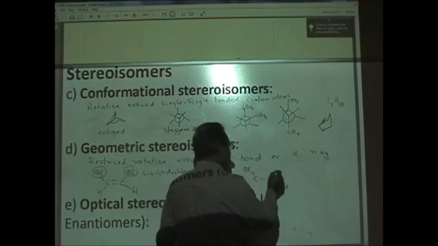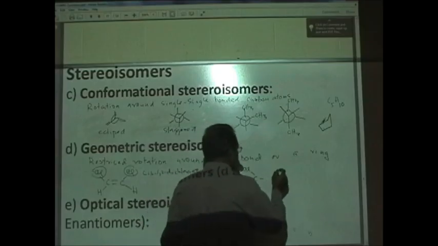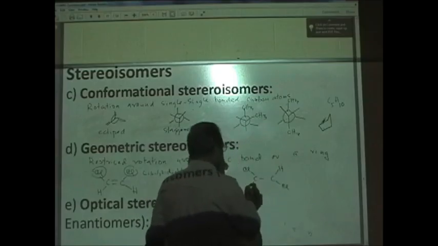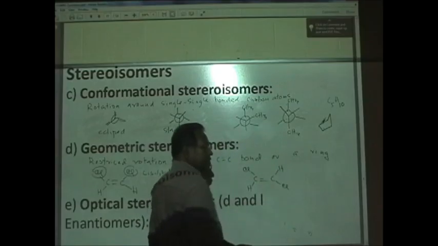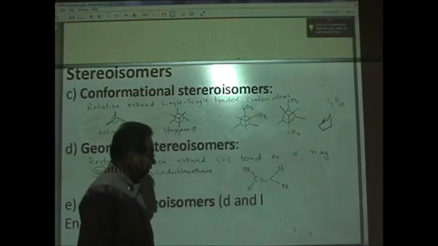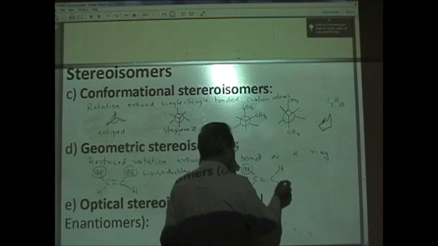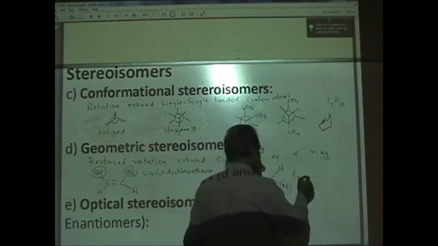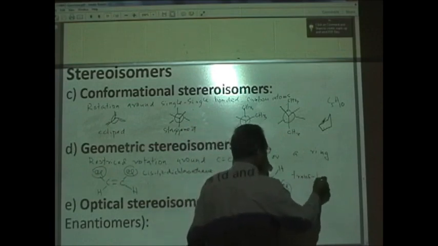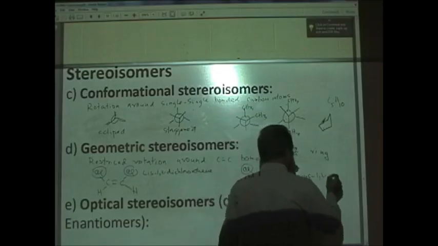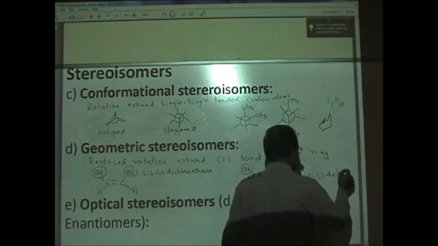Because of the restriction imposed by the double bond, or later we're going to look at the cyclohexenes. This one is opposite, it's called trans-1,2-dichloroethene.